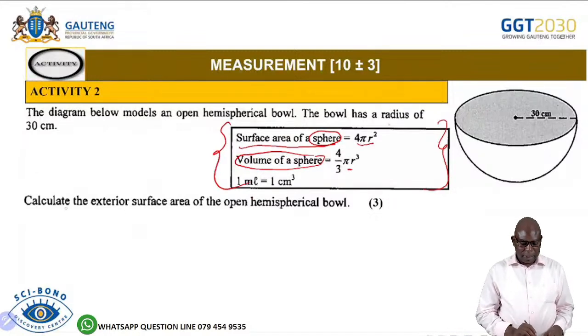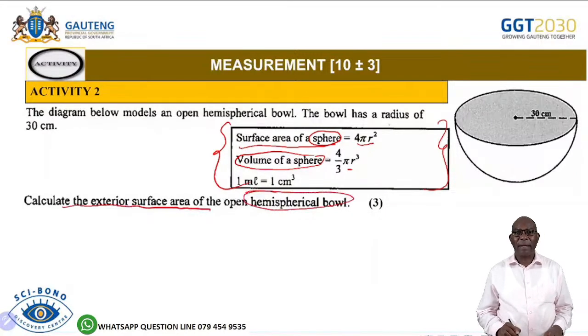It says, calculate the exterior surface area of the open hemisphere, which means that they need you to do something on that formula to calculate. So in other words, a hemisphere is half of a sphere. So which means that the formula must be divided by 2.